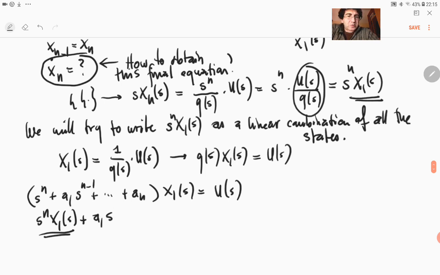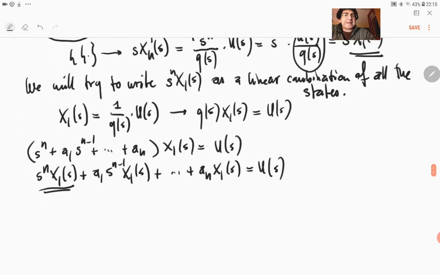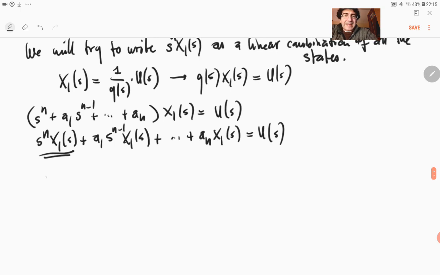a1 s to the n minus 1 x1 of s, up to an x1 of s, and that is equal to u of s. Now if I leave s to the power n x1 of s alone on the left hand side, what I'm going to get is a linear combination of all the other states, and let's actually show it.